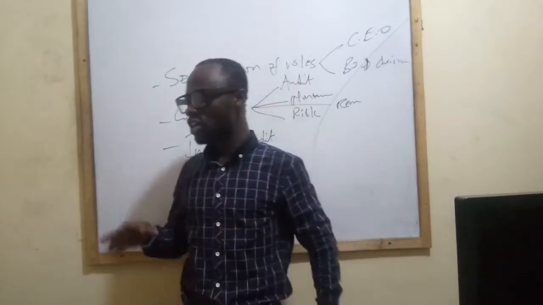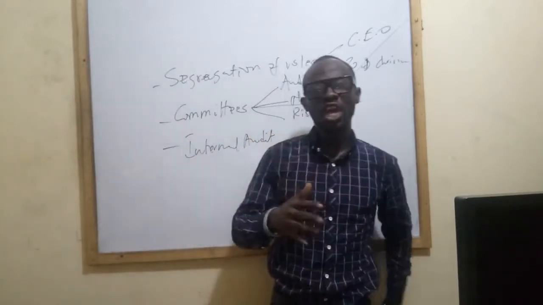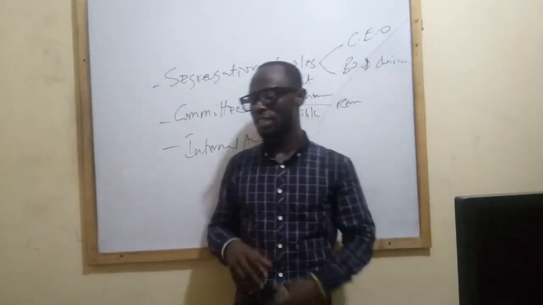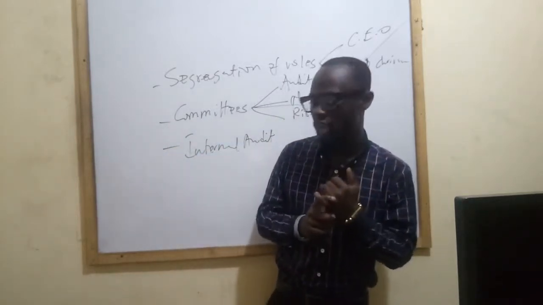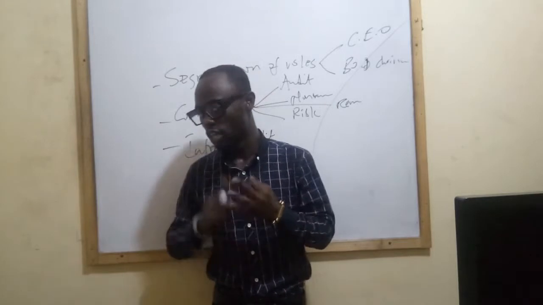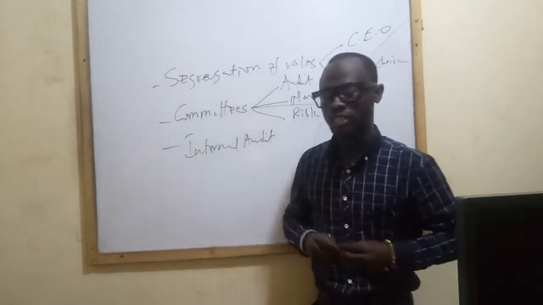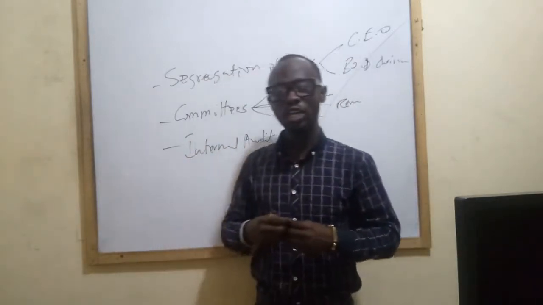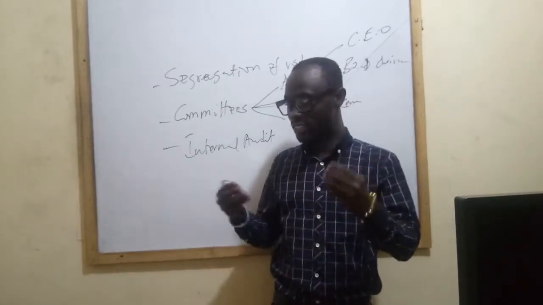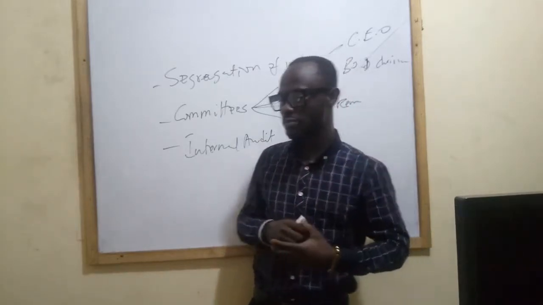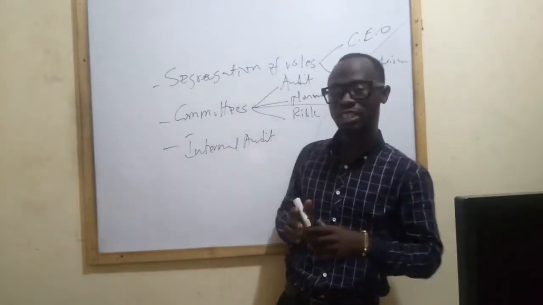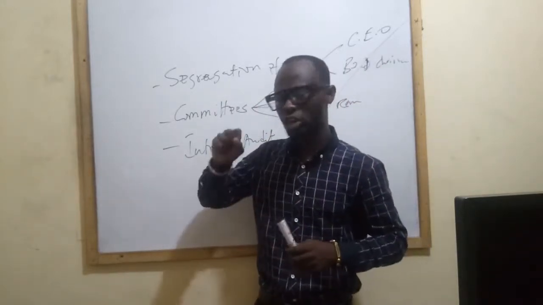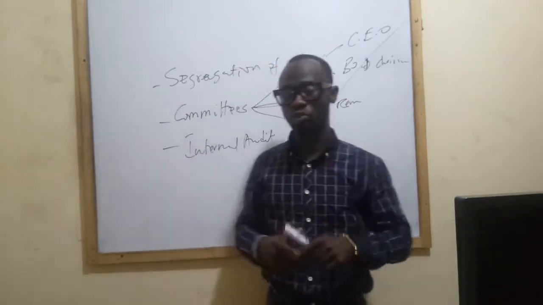Now, to look at the value for money audit, the internal audit department are interested in 3 things: economy first, efficiency, and then effectiveness. The first one is economy. This means that we are getting the product at the least price. 2, efficiency means getting the best use of the resources, and then effectiveness means that the resources or the thing are giving the best results.